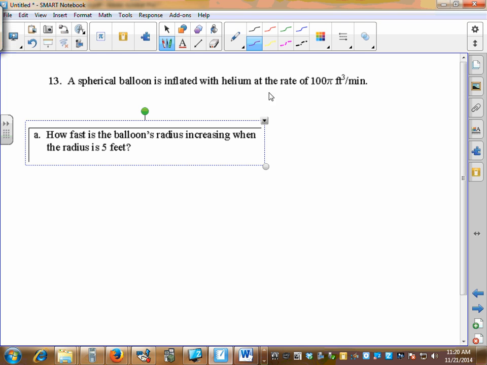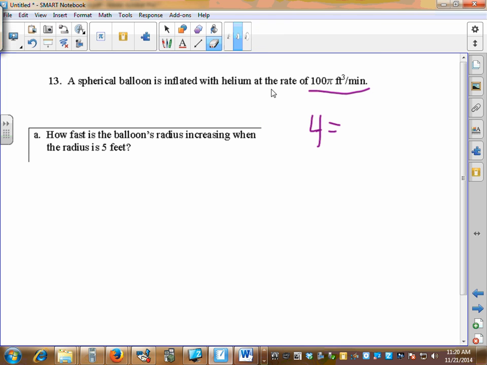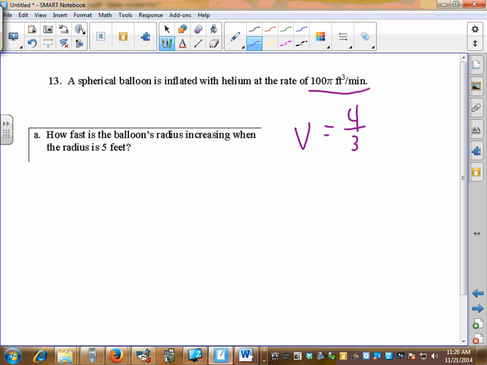Okay, next we have a spherical balloon, and that's volume, so V equals 4/3 pi r cubed. We do not need to remember that formula for the AP, although it comes in handy sometimes to know that formula. Tell me what the derivative is, Eric.